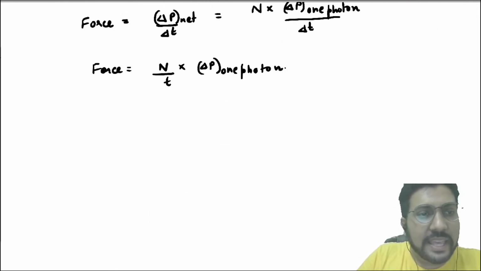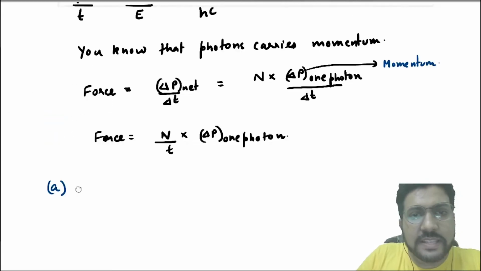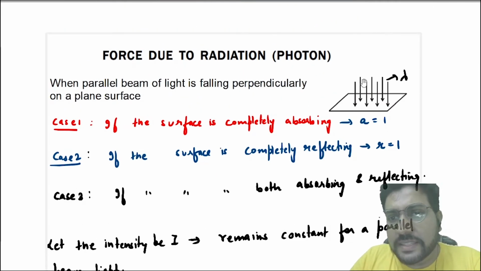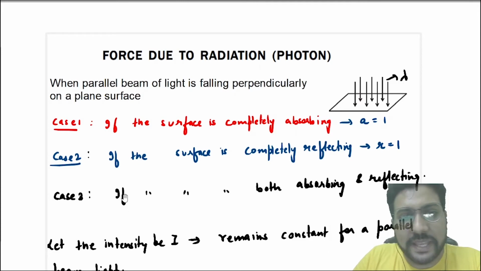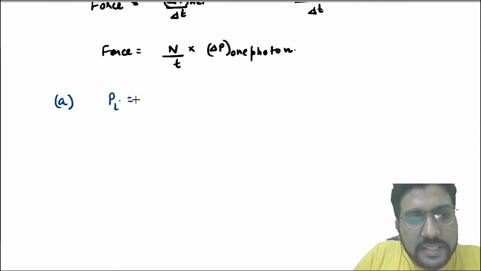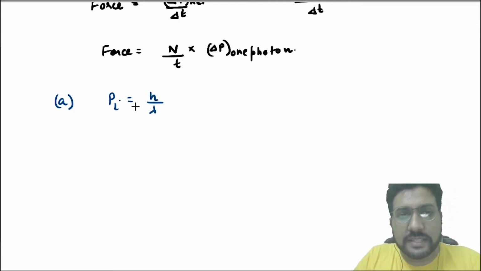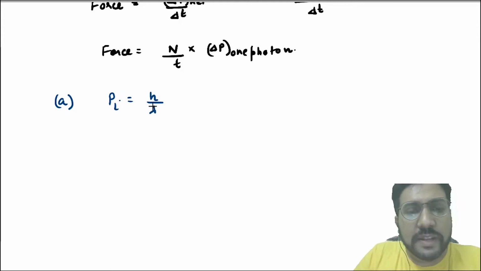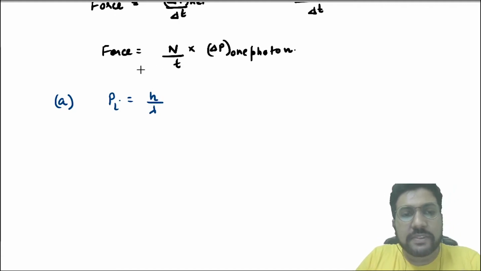So case A, when the surface is completely absorbing, in that case P initial is H by lambda. We have already discussed this, so if you have any problem understanding it, look at my previous video again.